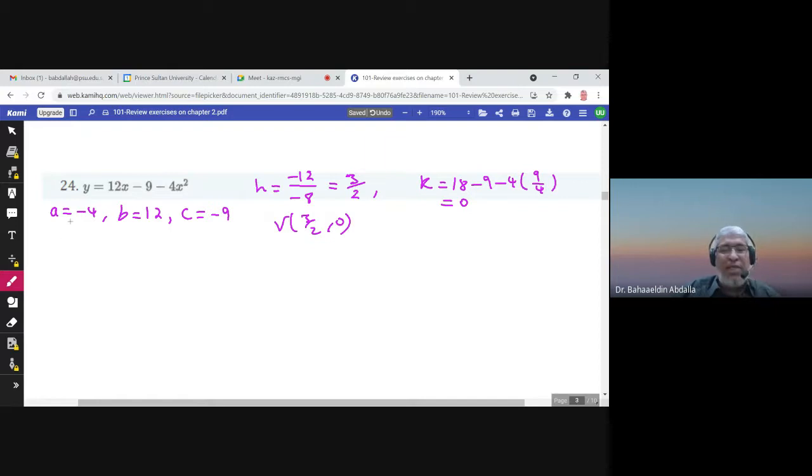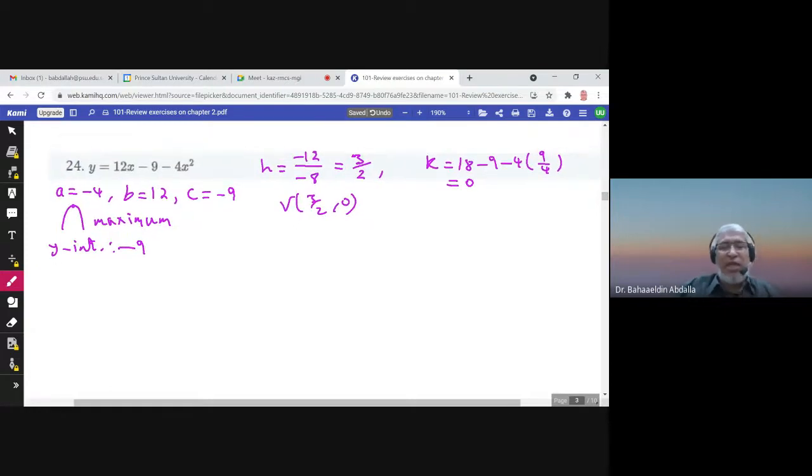Well, a is negative, so the parabola opens downwards, and the vertex here is the maximum point. The y-intercept, if I put x as 0, the y-intercept is negative 9. The x-intercepts, or the zeros of this function, let me put y as 0.